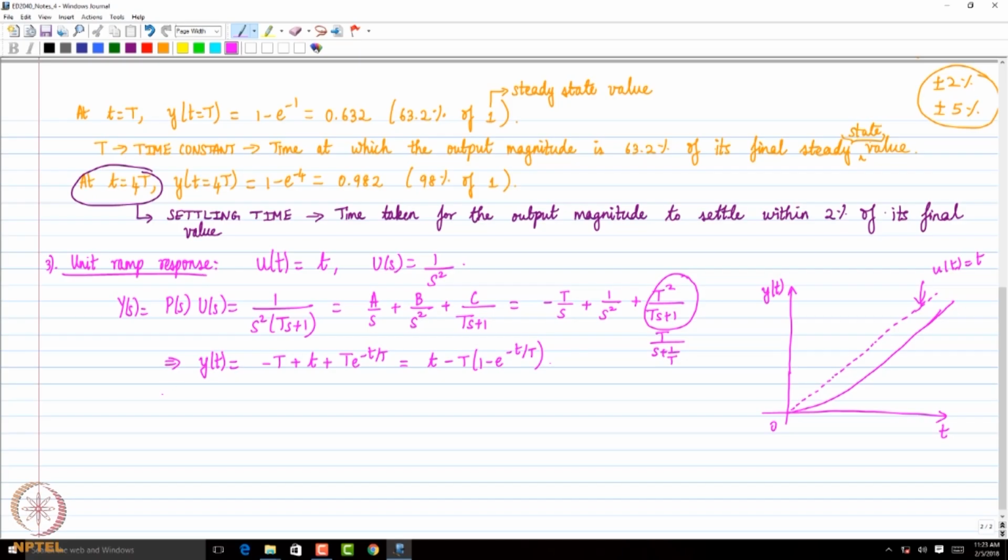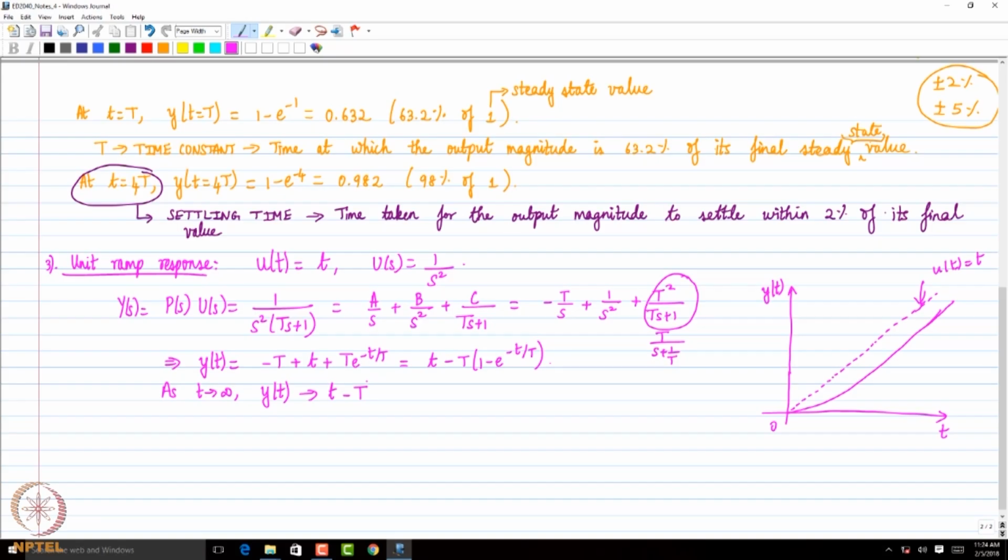So you immediately see that as t tends to infinity, what happens to y of t in this particular case? It goes to infinity, but what function does it tend to? It becomes t minus capital T, right.